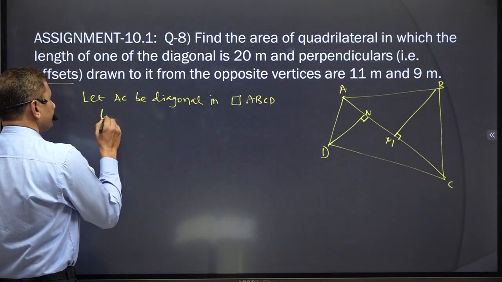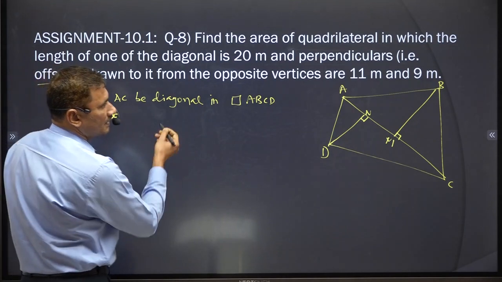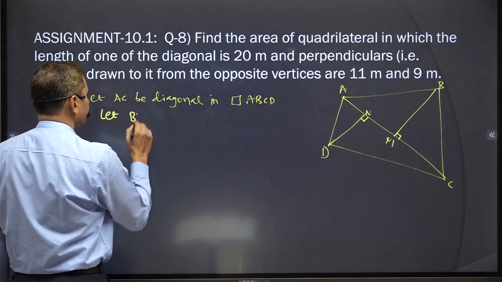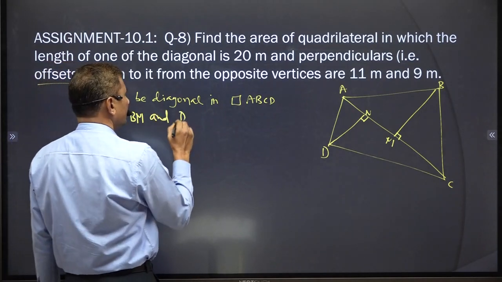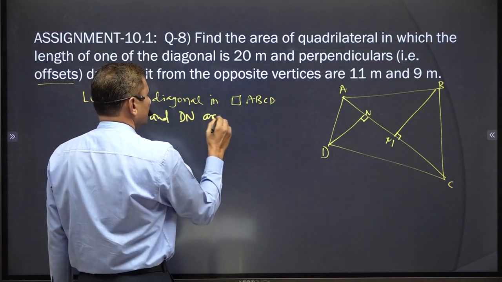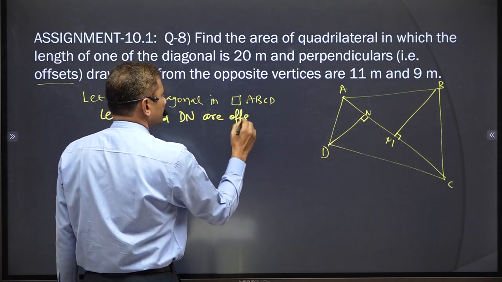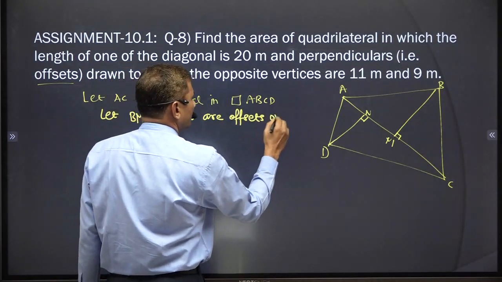Let BM and DN be the offsets, meaning perpendiculars on AC.